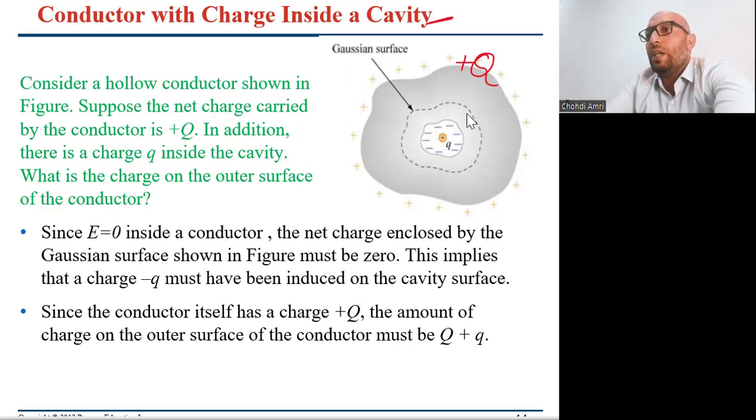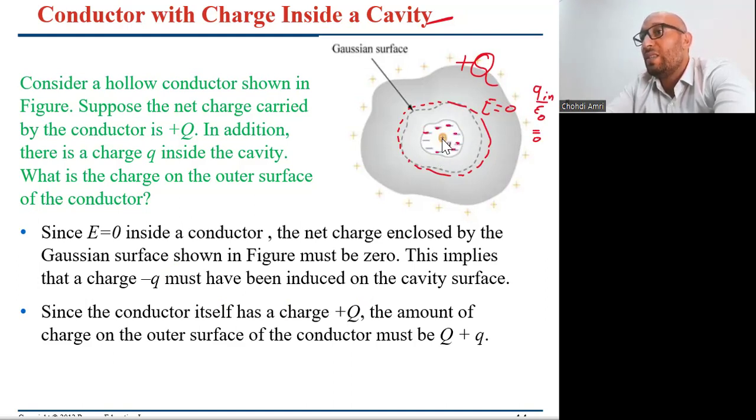What did we say about the electric field inside the conductor in electrostatic equilibrium? The electric field inside the conductor is zero. To get an electric field of zero, Q inside must be zero. To get Q inside zero, a negative charge will be induced on the inner surface.